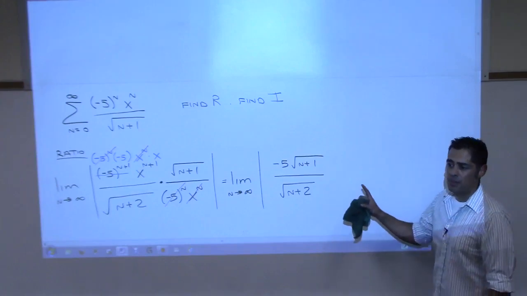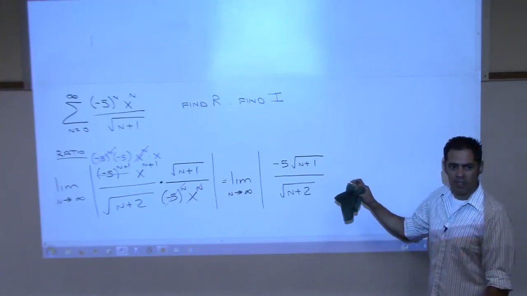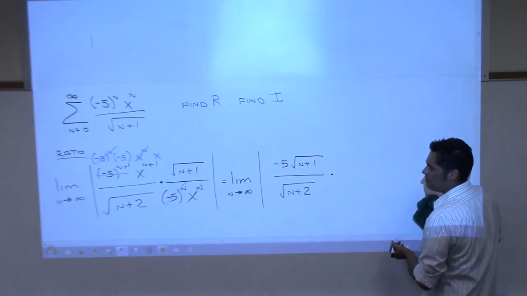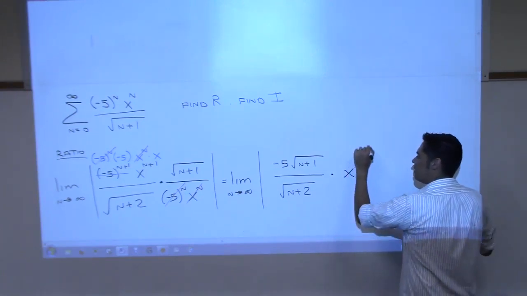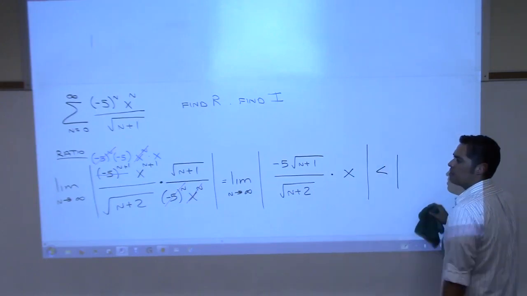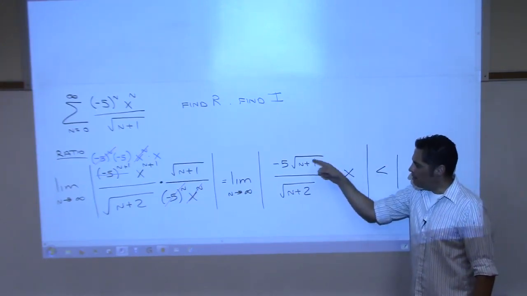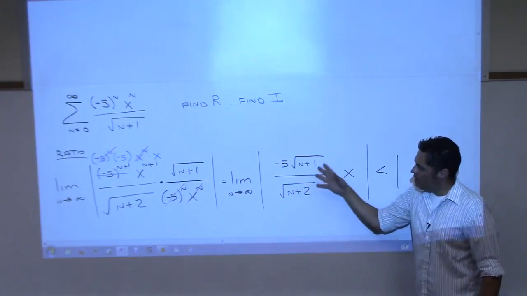I'm doing the n's first, separating them, right? I'm always going to put my n's before my x's. So then times x to the n. I like to do that because I don't care about the x, I care about this. And what is that limit doing?